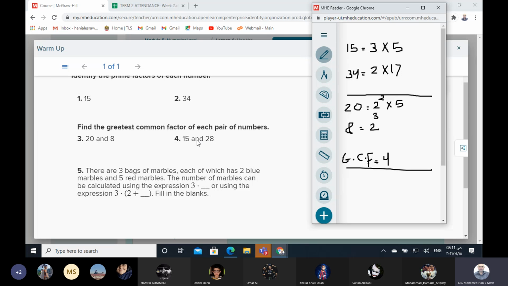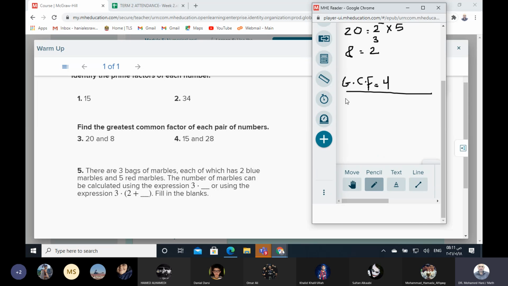Now find the GCF between 15 and 28. Start. The GCF of 15 and 28 is 1.